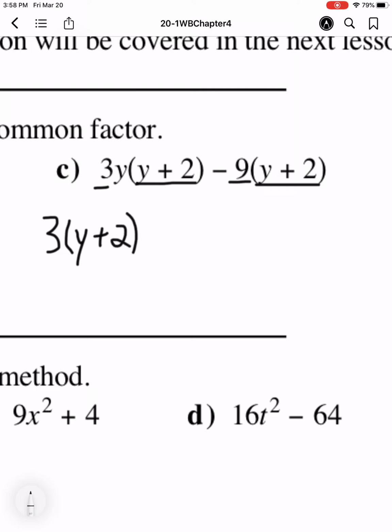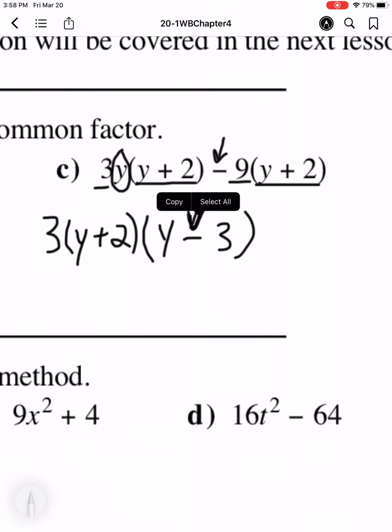What's left over is just this y, because these got factored out. So it's y minus, because we bring the symbol down. And then we've got 3 here, 3 got factored out of that 9, so y minus 3. So that symbol we brought down just goes here. So our final answer will look like this: 3, y plus 2, y minus 3. So that's greatest common factor. We should be pretty good at that.